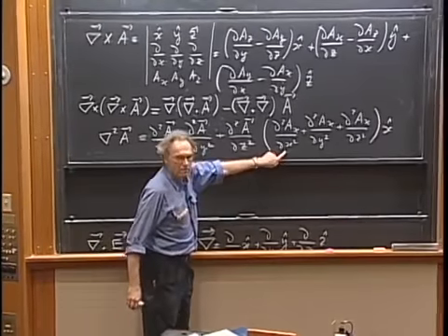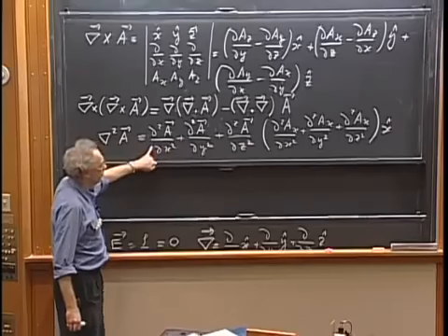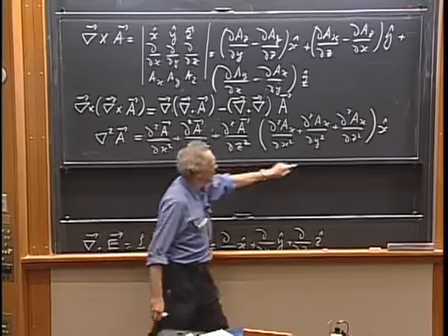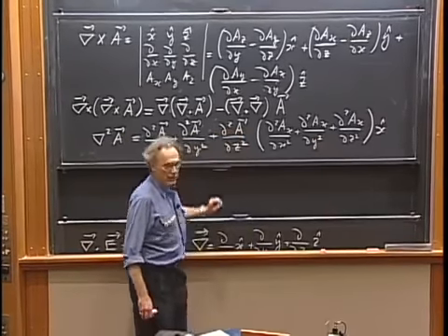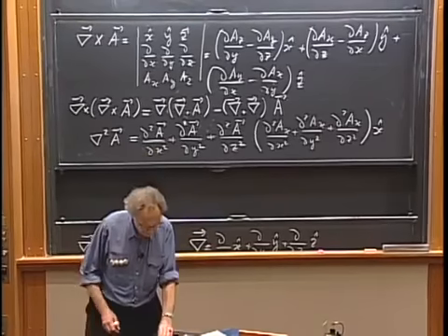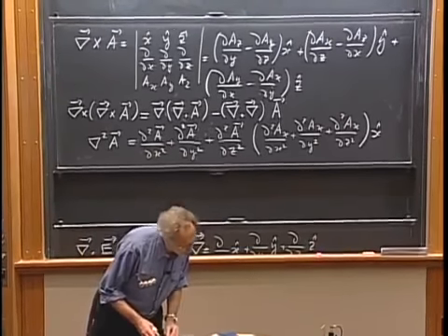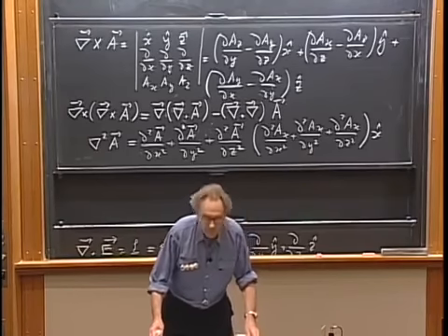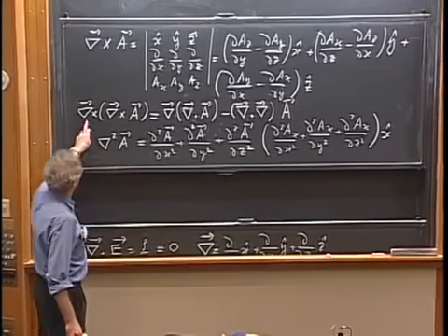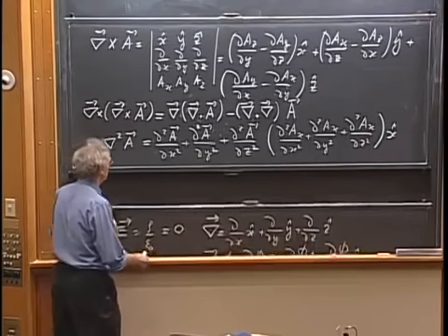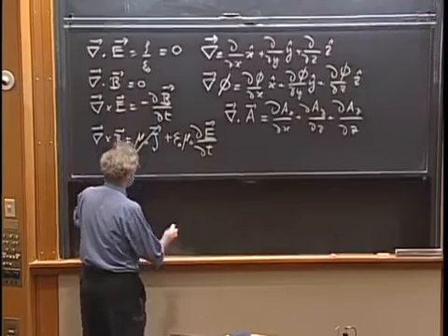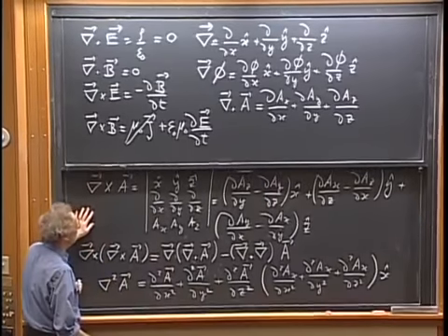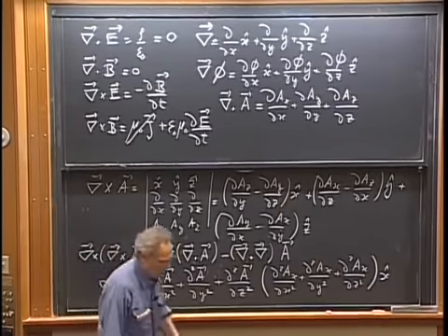This first term comes from this one. The second term comes from this one, and the third term comes from this one. So now we are in a good position to start to use this on Maxwell's equations. So I will raise this again, and I will lower this so that you can see both, and I will start working on the center board.